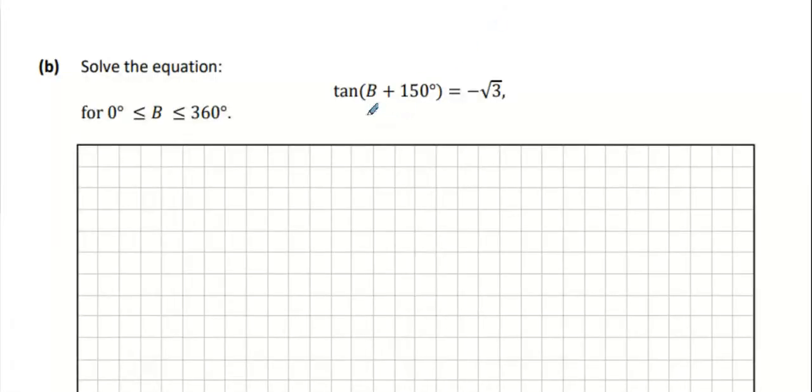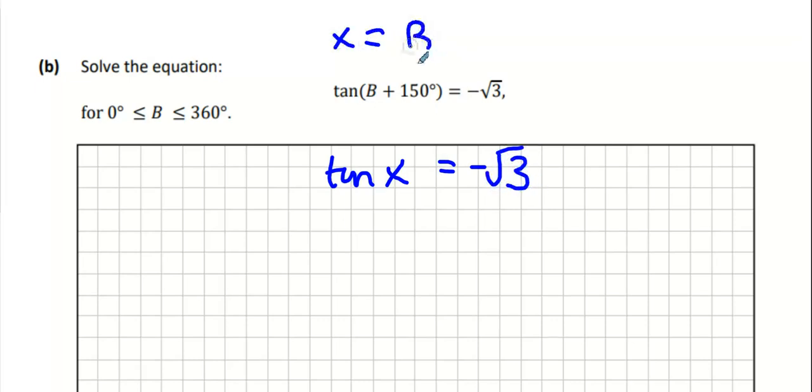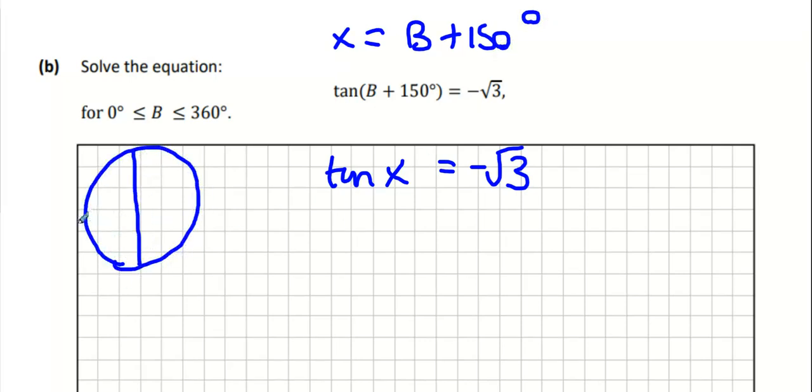So for this question, what I'm thinking is, I'm thinking of just basically saying tan x equals minus root 3, and x is equal to b plus 150 degrees. I'm then going to do ASTC, and we know that tan is negative.